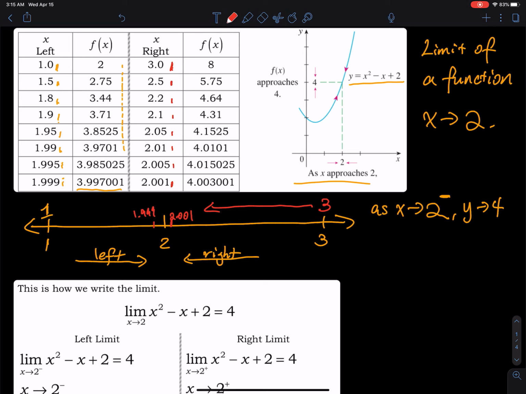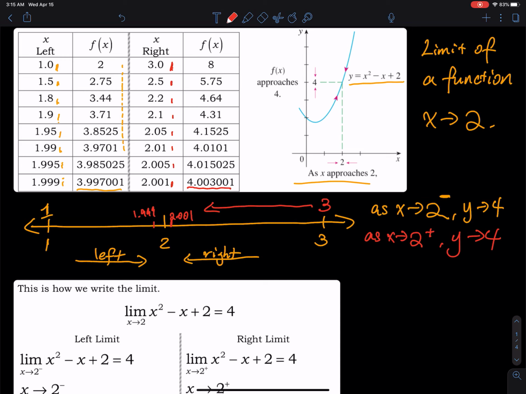Now, x is so close to 2. What happens to the y value? We have 4.03001. So as x approaches 2 from the right, look at the upper right hand corner of 2: the plus is from the right. The minus is from the left. Y approaches 4. This is how we describe it using appropriate symbols.